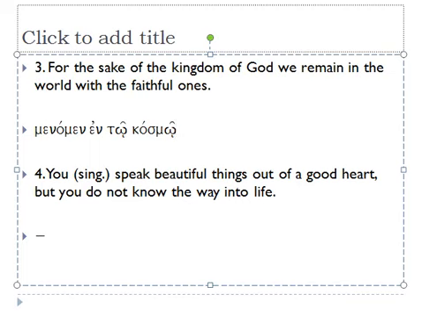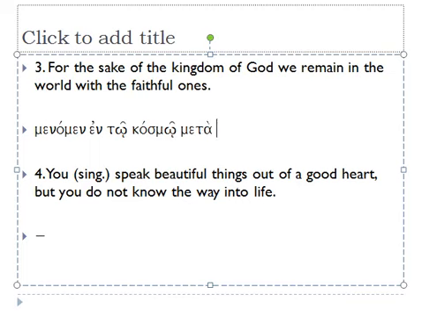Here. We remain in the world with the faithful ones. Well, with in Greek is meta, followed by the genitive. So I'll go with that, meta.